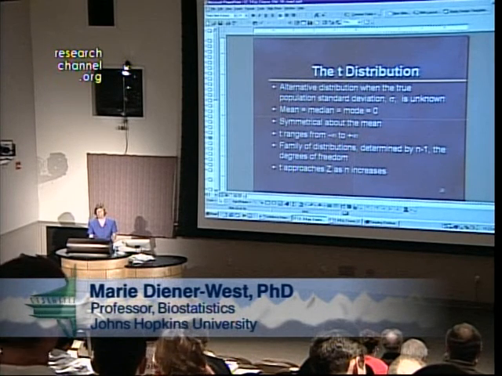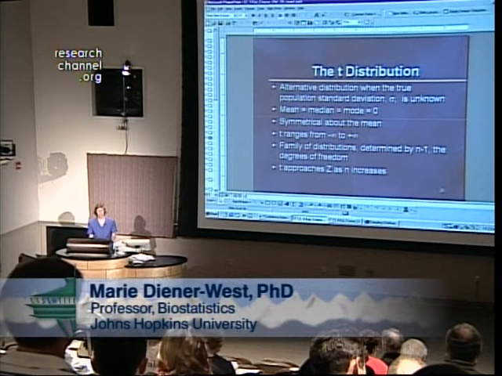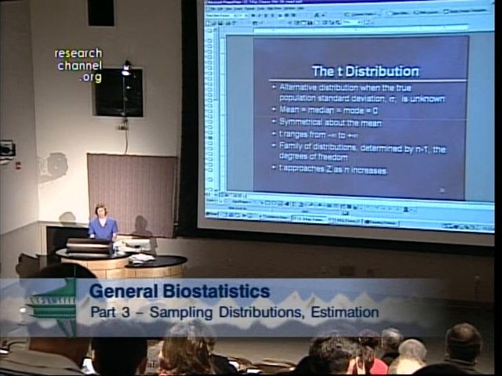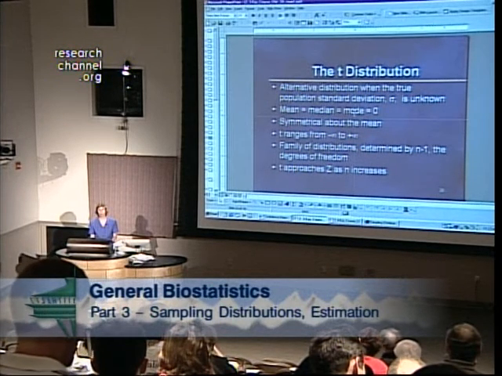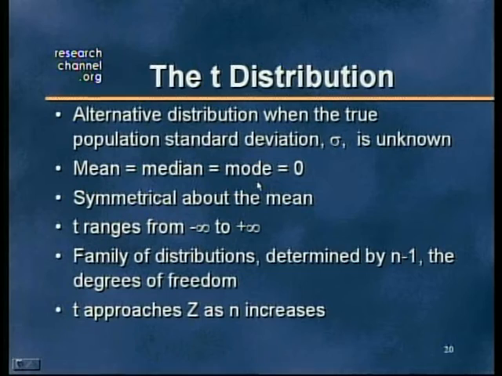So the t distribution is similar to a z. It's symmetric, its mean is equal to its median is equal to its mode. Again, the possible values of t range from negative infinity to positive infinity. The difference is that it's actually a family of distributions that is determined by the sample size minus 1.